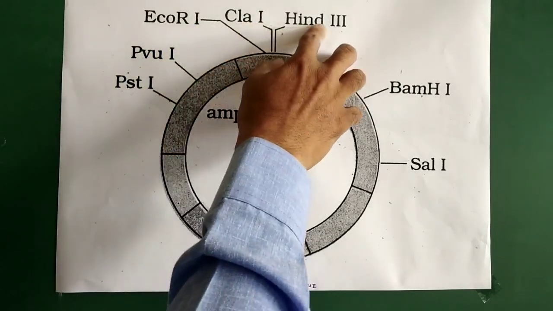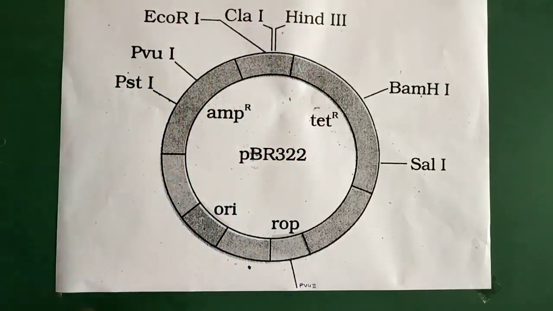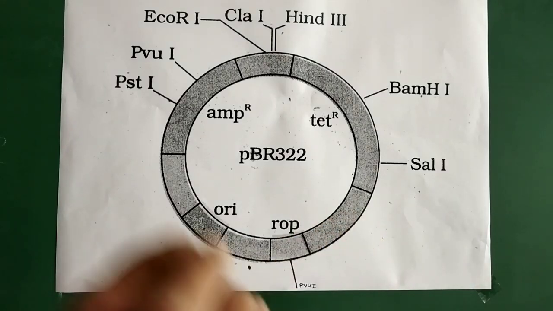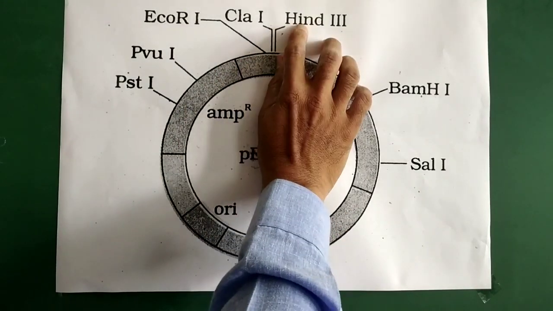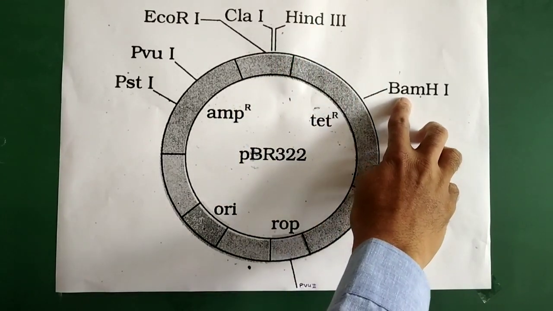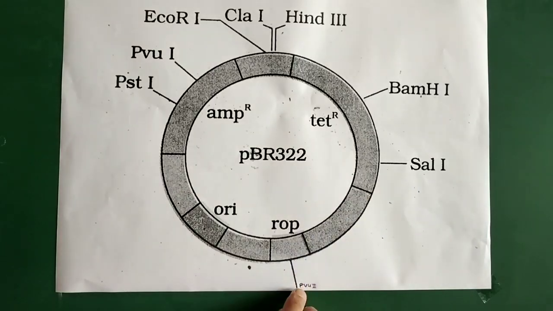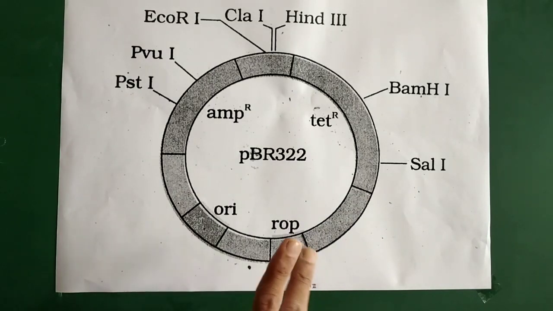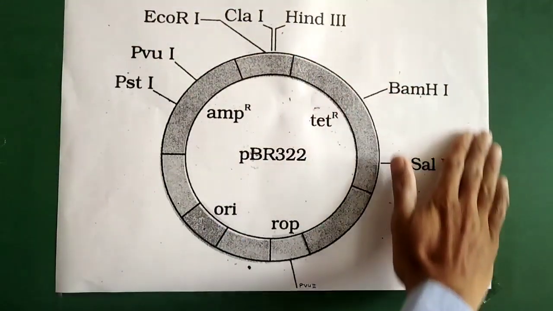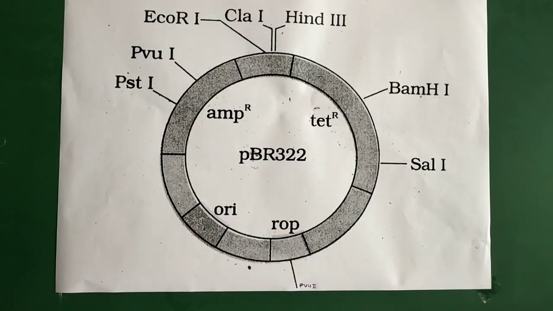ClaI, HindIII. Previously we have come across HindII, Haemophilus influenzae, D strain, Roman letter 2. Here you have to remember HindIII. BamHI site, SalI, PvuII. You have to take care of all these labeling parts.